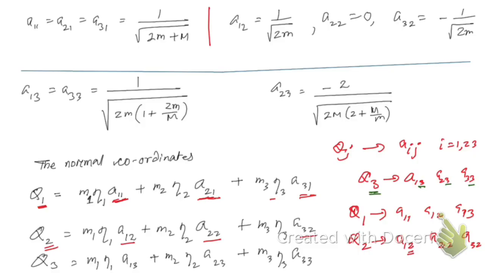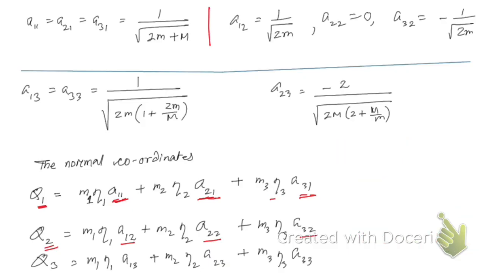If you are writing q1, then the coefficients should be a11, a21, a31. The second number will always be 1 if you are taking q1. If you are taking q2, then the second number will always be 2, right? That is the pattern. Hope you have understood this.